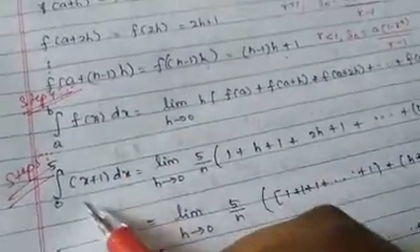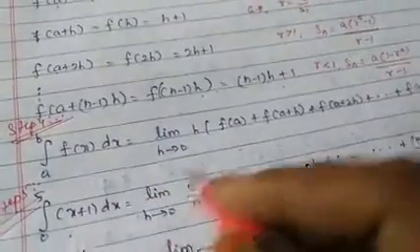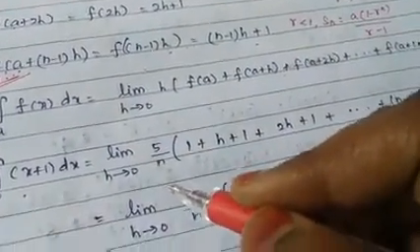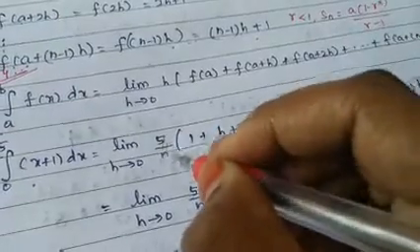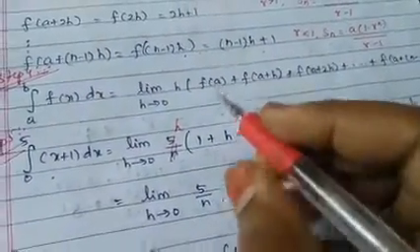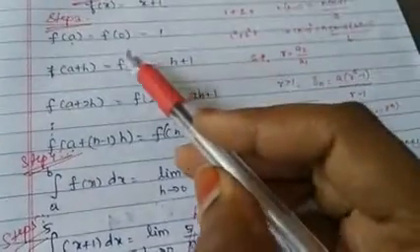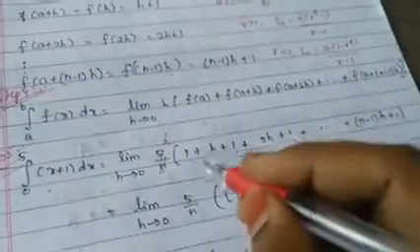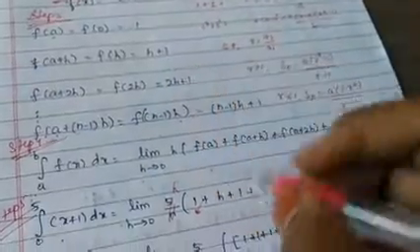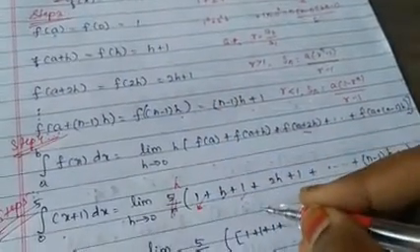Therefore, substitute. This is nothing but the given integral and you are going to substitute the values. Limit h tends to 0. Now, don't substitute the h value beforehand. Let us write h itself. H, and what is the f of a value? F of a value is 1. Write 1. So, you have written f of a value. F of a plus h value is h plus 1. So, you have written f of a plus h value.